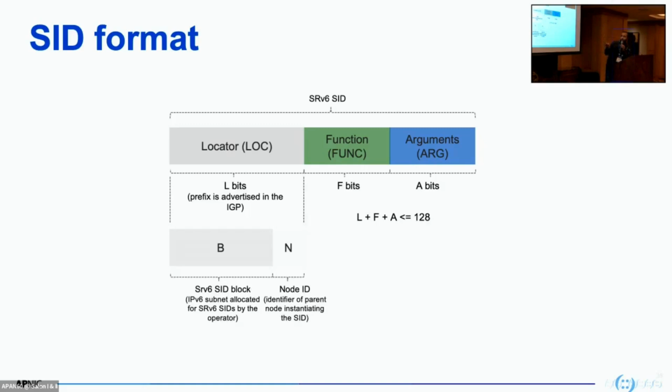This part usually is like a global block. Remember I told you that global block is known to the other segment routers in the domain. And the function and the argument can be local. So once you reach the destination, it knows what to do with that packet.